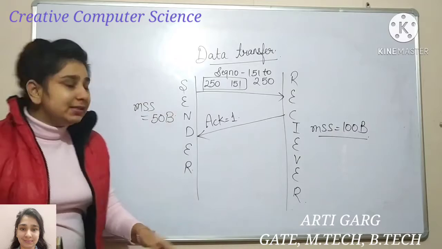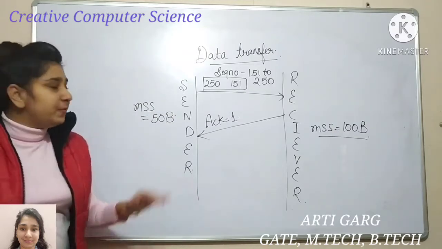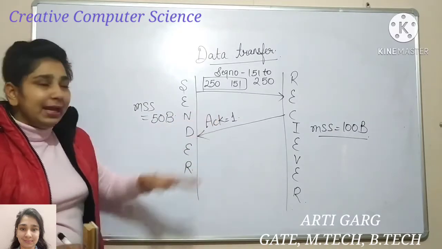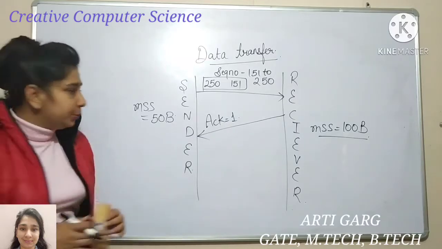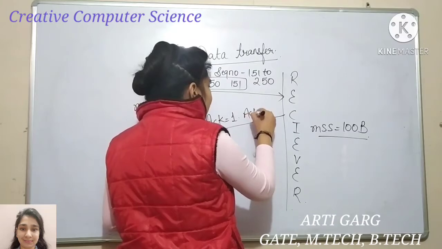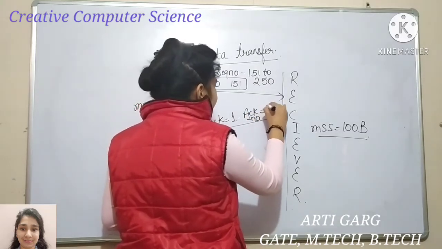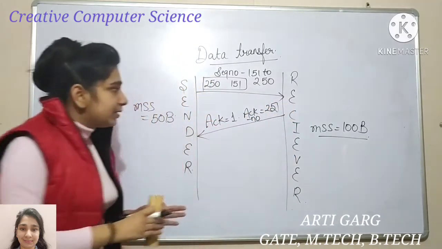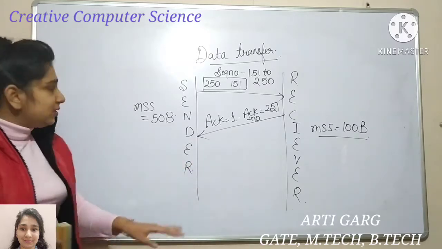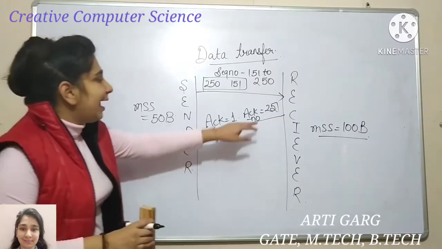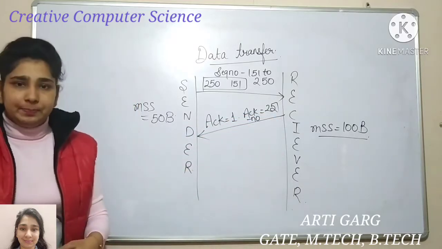The receiver is saying, I have received your data, and the next byte which I expect from you, the acknowledgement number, is 251.